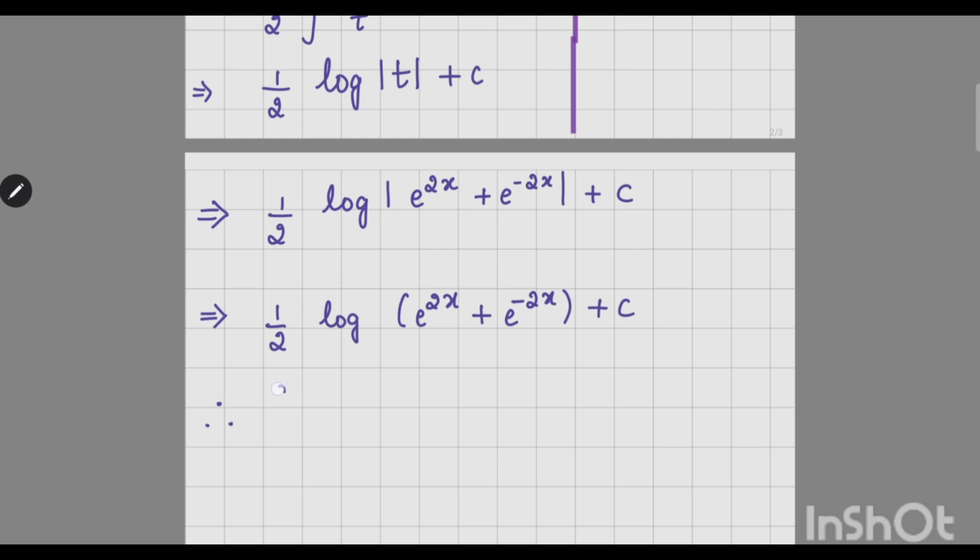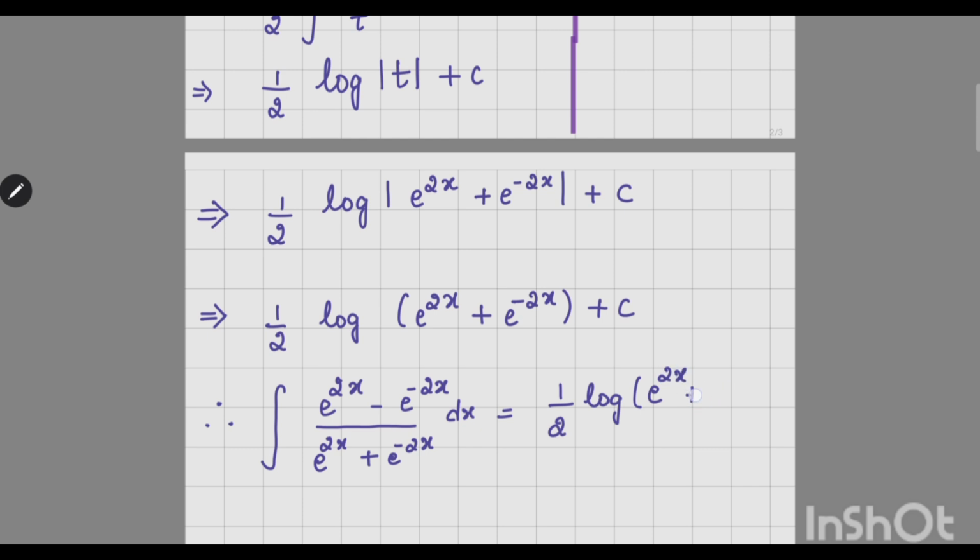So therefore the integral of e to the power 2x minus e to the power minus 2x divided by e to the power 2x plus e to the power minus 2x with respect to x is equal to 1 by 2 log of e to the power 2x plus e to the power minus 2x plus constant of integration.